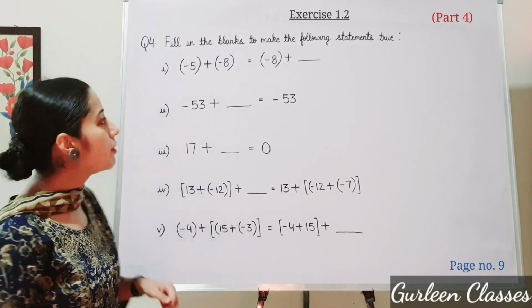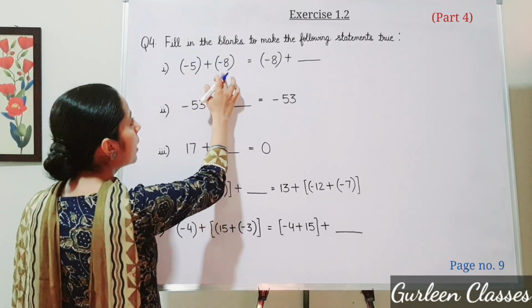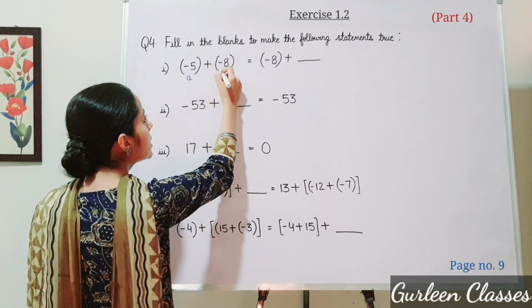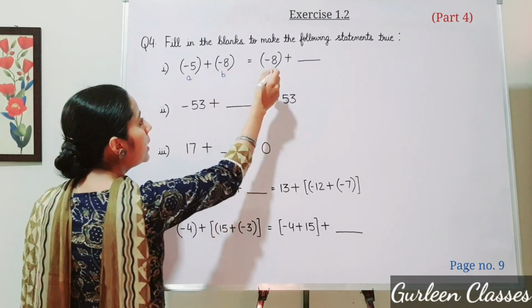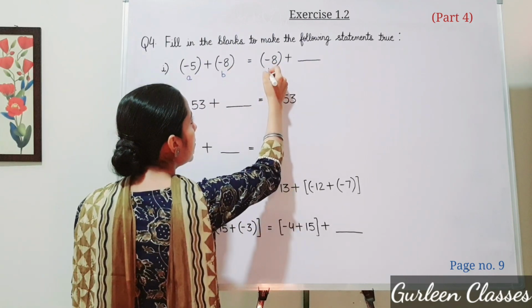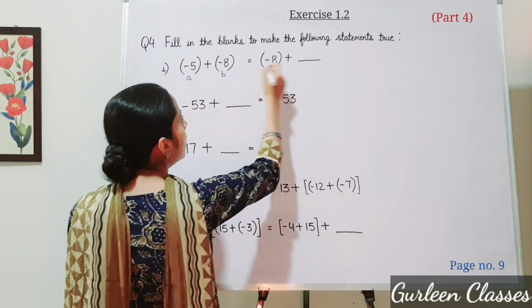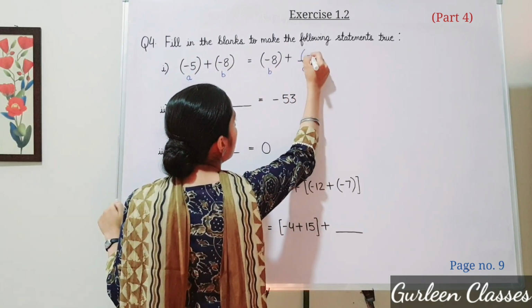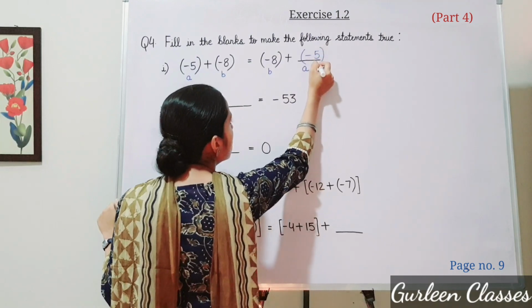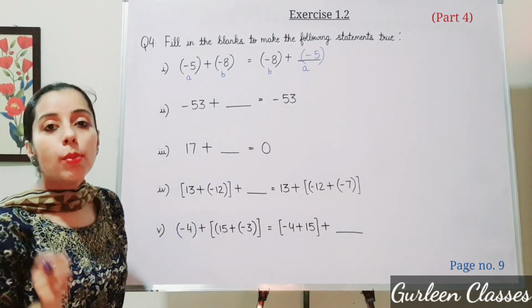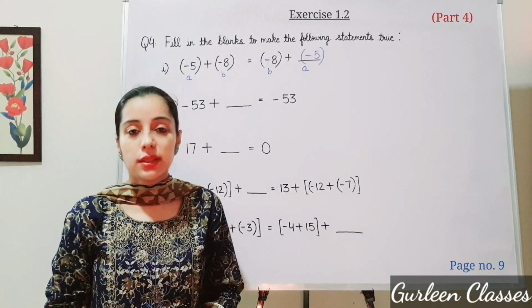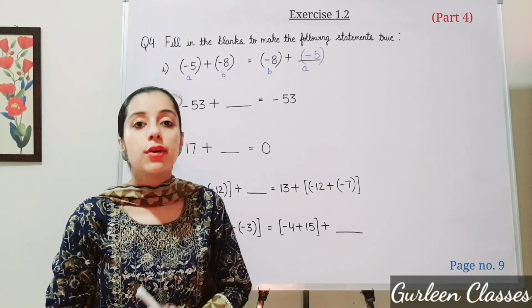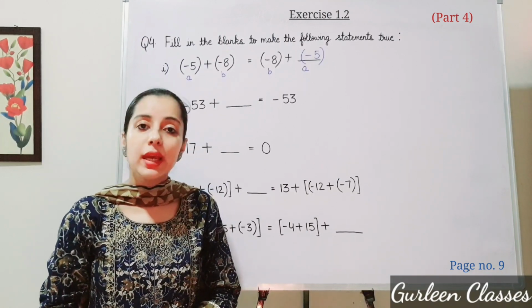Suppose -5 is A and -8 is B. And on the right hand side, -8 is B. So here A will come. A is -5, so write in bracket -5. So this is based on the commutative property of addition. As I told you, addition of integers is commutative, where A plus B is equal to B plus A.